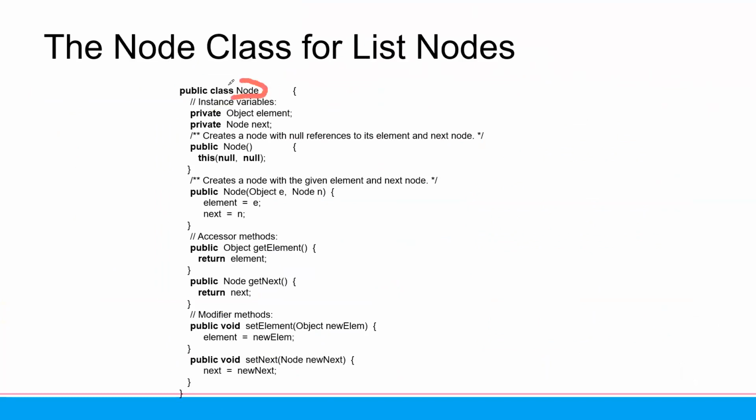We have a class, and then we have two data members. The first data member is element, and the second data member is next, so we are going to check the next node. And then we have a constructor. We want to get the element, we want to get the next, and we want to set the element, and set the next. So this is the very simple node class.